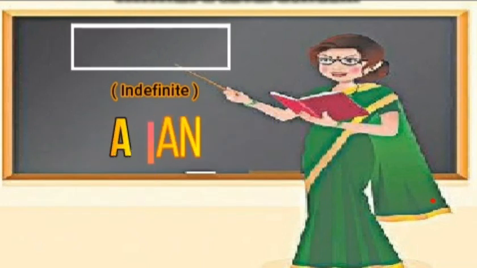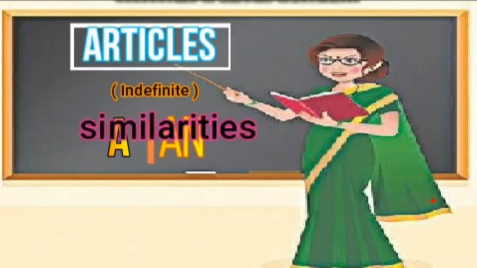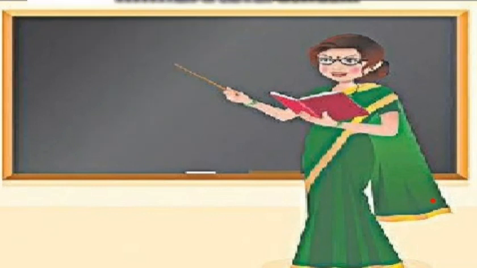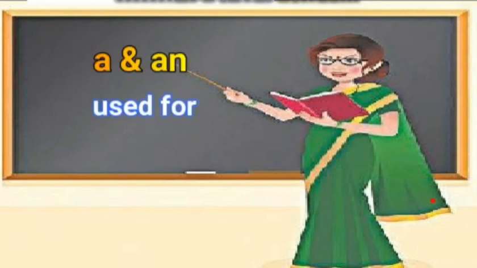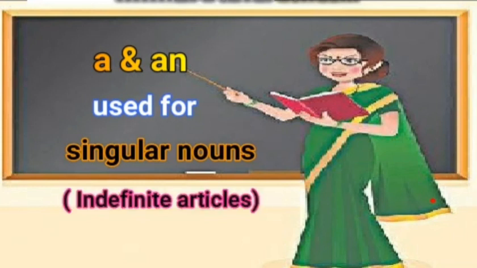So here, first let me take a and an alone. Let me say the similarity between a and an. A and an stand for singular nouns. Singular means single, one. Indefinite, yes.